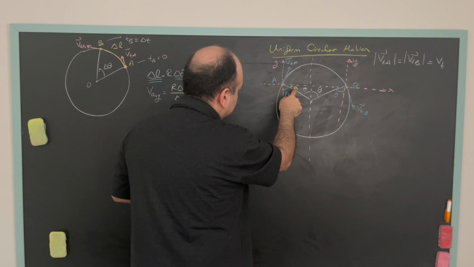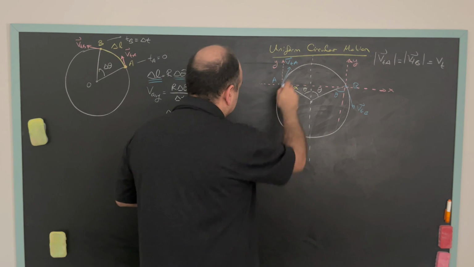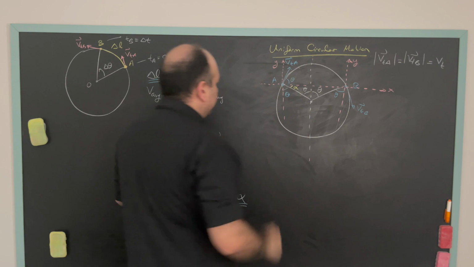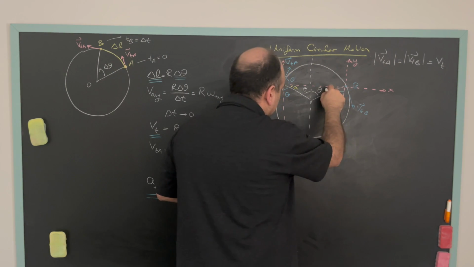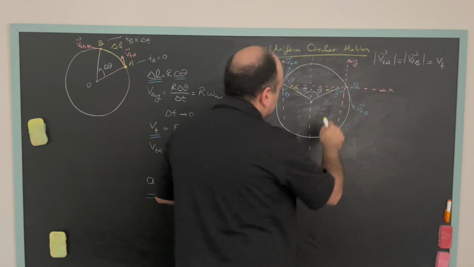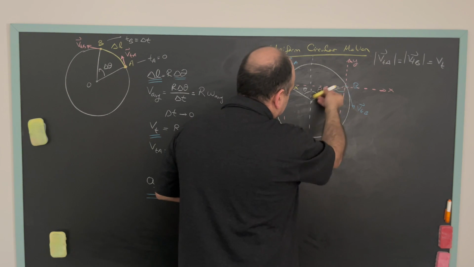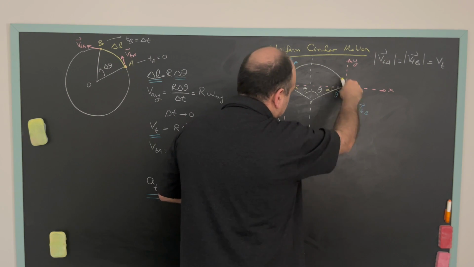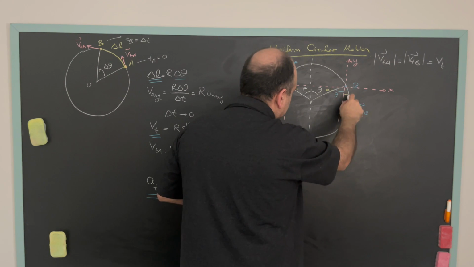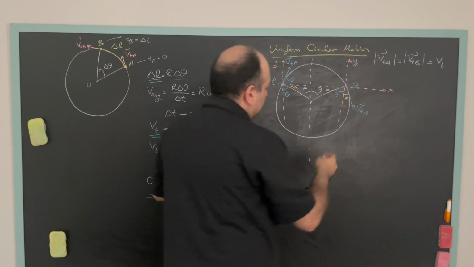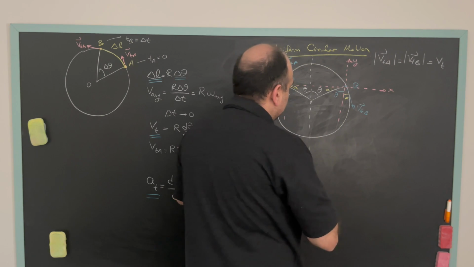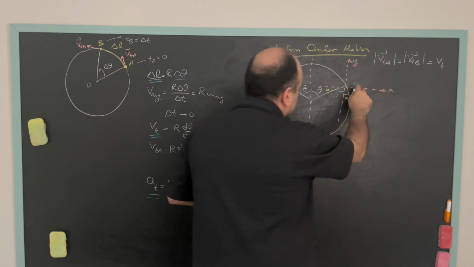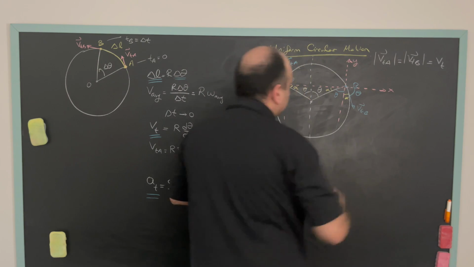So if this angle is alpha, this angle has to be theta. Similarly, this angle would be alpha here, and this vector and this vector have to be perpendicular to each other, so this angle is also alpha. The y-axis is vertical and the x-axis is horizontal; they have to be perpendicular, so this angle is also theta.